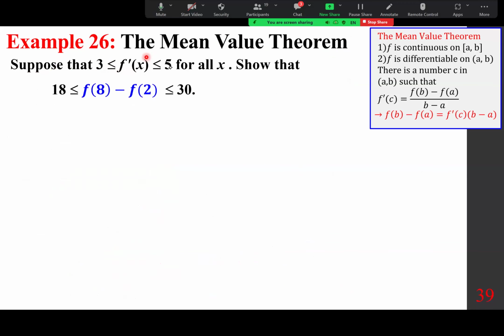Suppose that f prime is between 3 and 5 inclusively. That means 3 less than or equal to f prime of x less than or equal to 5 for all x. Show that f of 8 minus f of 2 is between 18 and 30 inclusively. And we want to use the mean value theorem.